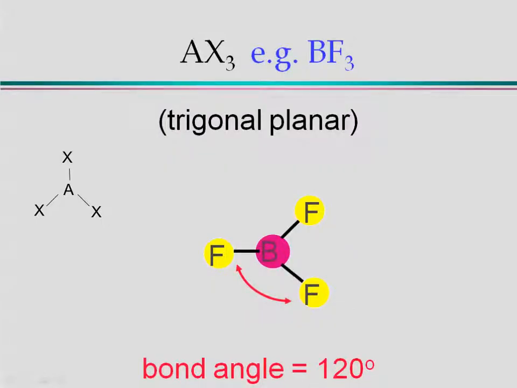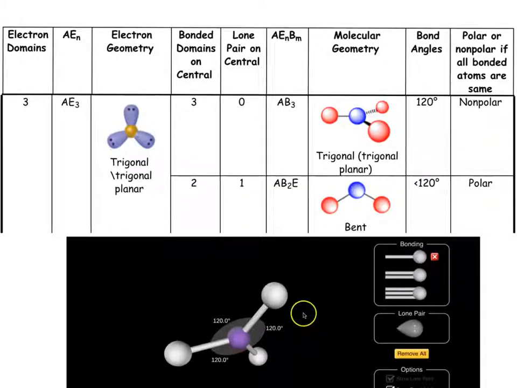All right, next we're going to look at the 3 electron domain region. In the 3 electron domain region, you see that we have 2 possibilities. We either have all 3 bonded pairs, or we have 2 bonded pairs and 1 lone pair. If we have 3 bonded pairs, it is called trigonal planar or trigonal.